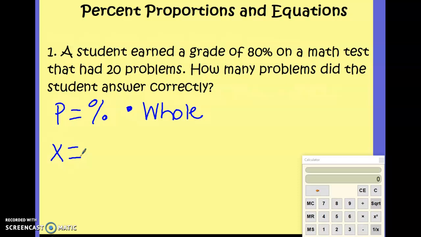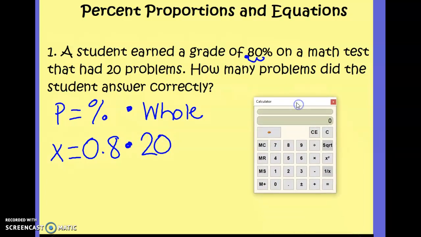The percent has to be in decimal format. 80% as a decimal: we move the decimal 2 places, so it's 8/10 or 80 hundredths, times our whole, which is 20. Typing that into the calculator, 8/10 times 20 is 16. So x equals 16, or 16 problems were solved correctly.